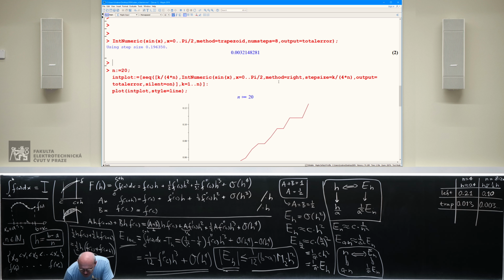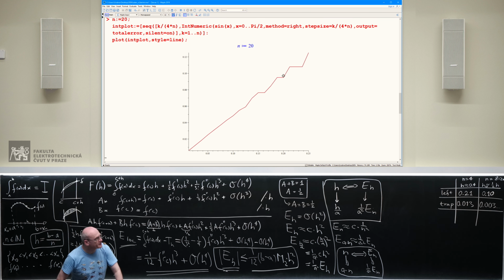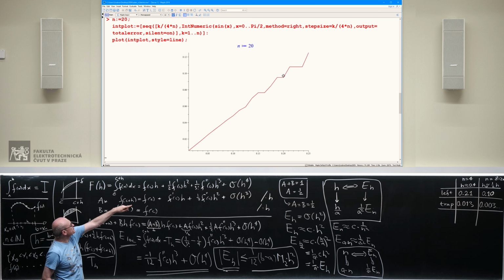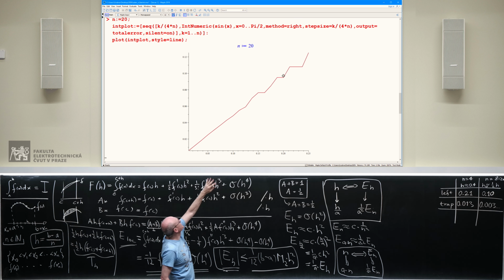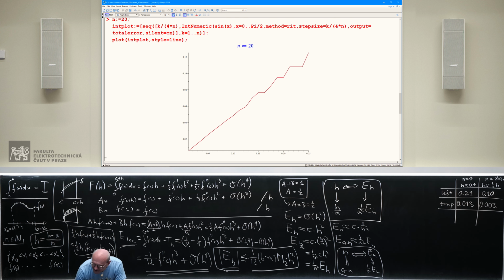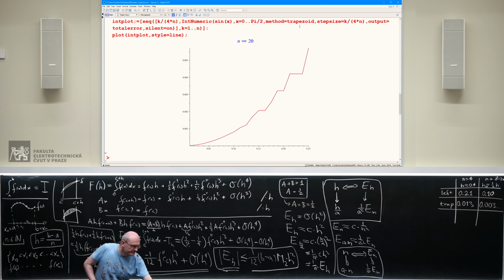Let me return to this picture when I've been comparing error against the step size. And I talked about some step sizes not being permissible. That's why the picture is so funny. But here I am changing the method from the right rectangles to trapezoids. And let's see the picture.